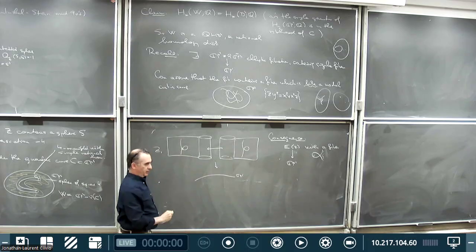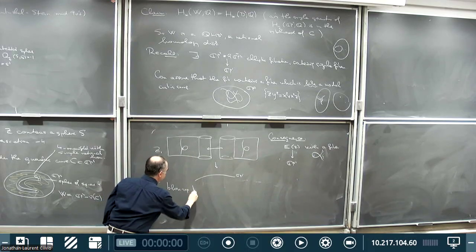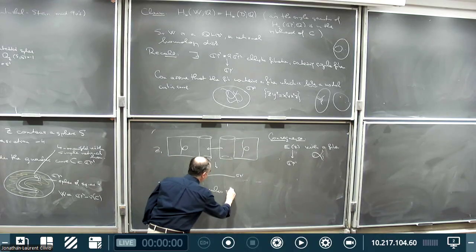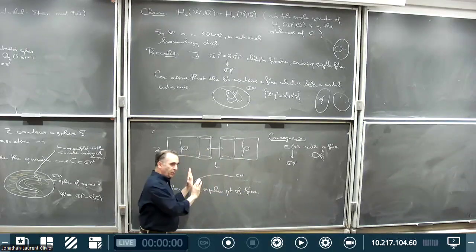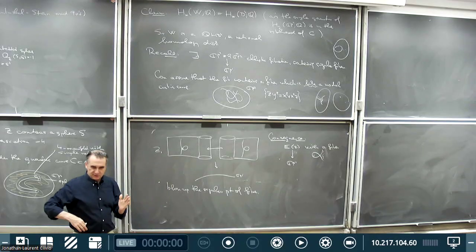Let's blow up the singular point of the fiber. It's a smooth point of the four-manifold, but a singular point of the embedded two-dimensional surface.